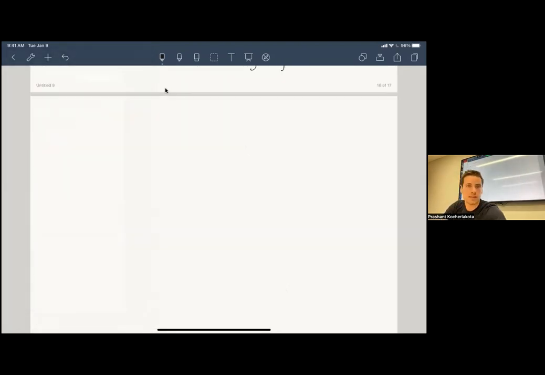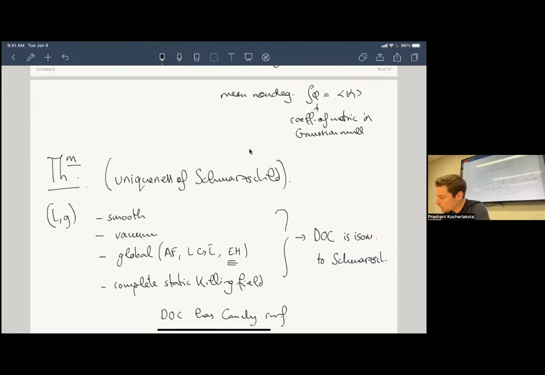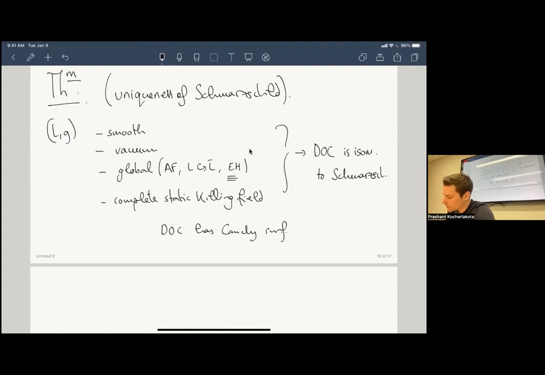Sam has a question. Is there a simple relationship between this theorem and Birkhoff's theorem? Yes. The way you prove it is using Birkhoff's theorem. In short, this is a gross explanation, but the complete Killing vector field allows you to quotient out the equations. You can just use the symmetries. They impose such a strong condition on the field equations that you can quotient them out into a set of essentially elliptic equations.